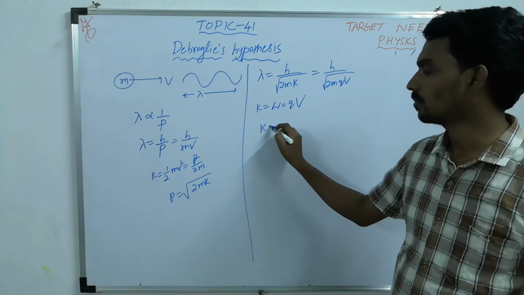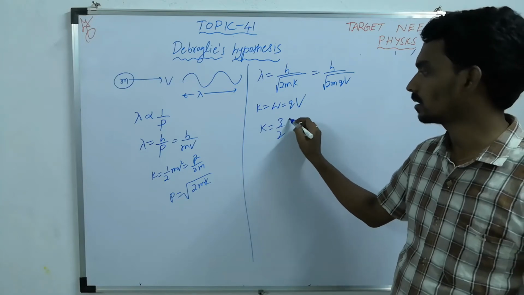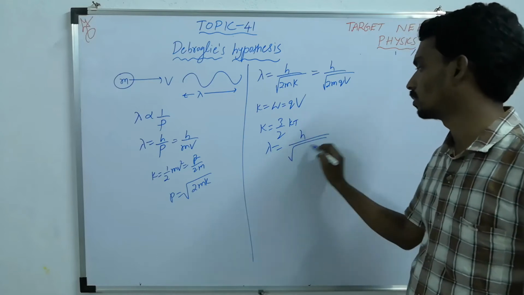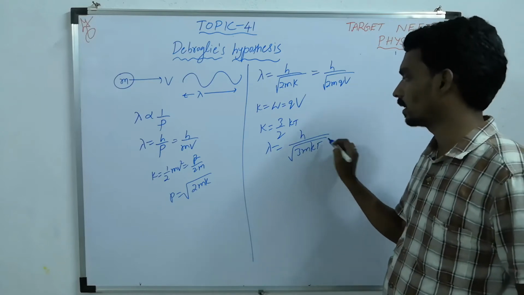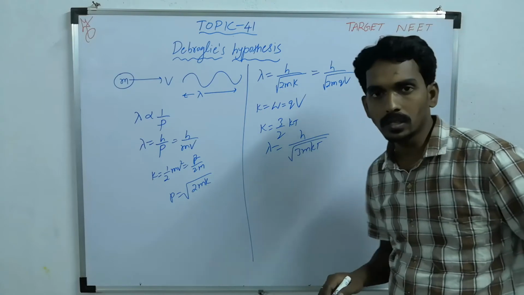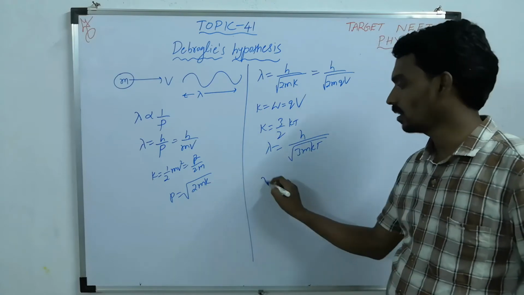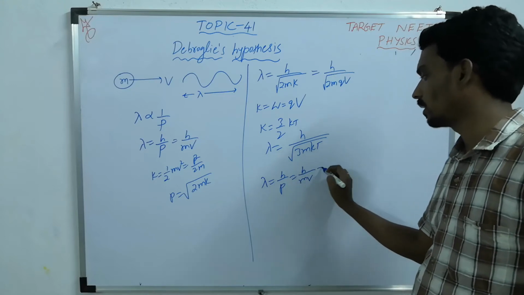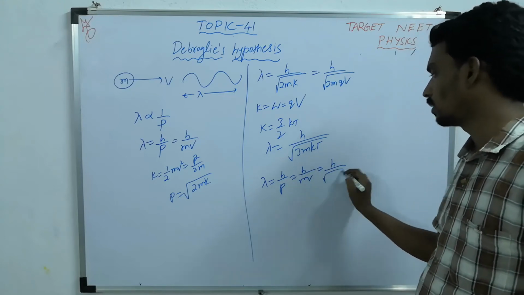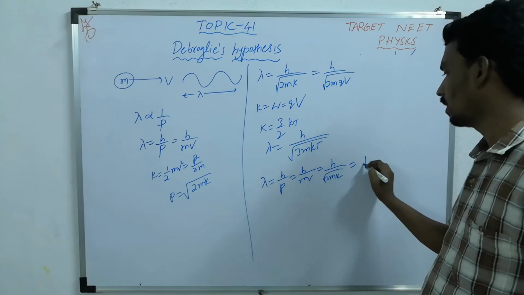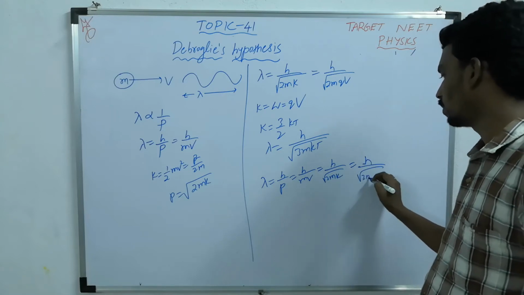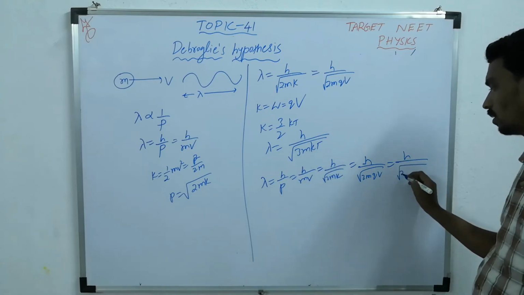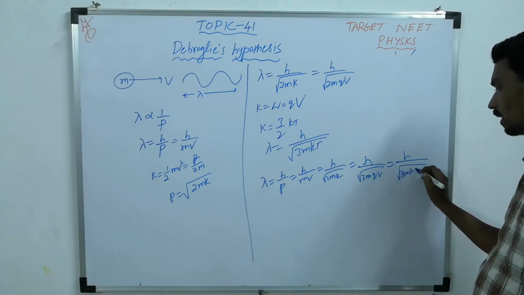Or for a thermal neutron, kinetic energy is 3 by 2 kT, so lambda will become h by root 3m kT, where k is the Boltzmann constant. So lambda is h by p, or h by mv, or h by root 2mK, or h by root 2m qV, or h by root 3m kT.